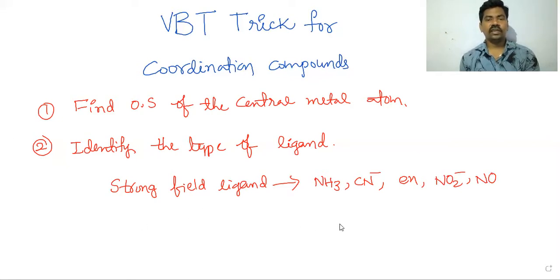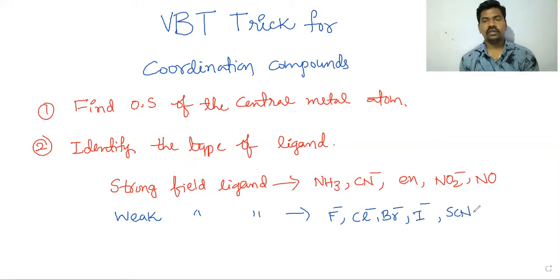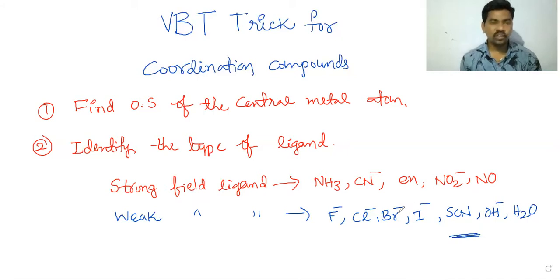And weak field ligands, examples: F minus, Cl minus, Br minus, I minus, thiocyanate ion SCN minus, OH minus, H2O. These are all examples of weak field ligands.